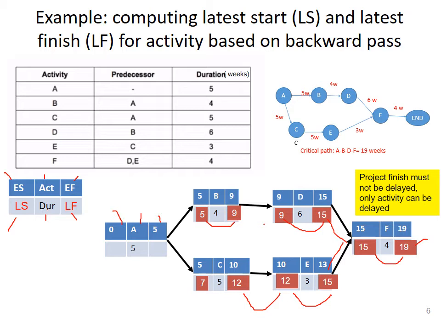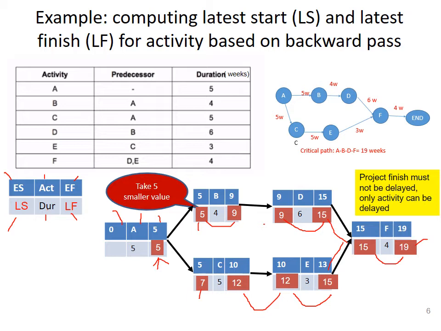Okay, now we know that A is predecessor activity for activity B and C. So, which value should we take as latest finish time for activity A? Is it 5 or is it 7? Okay. So the answer is we have to take the smaller value, which is week 5. Okay. Kenapa?